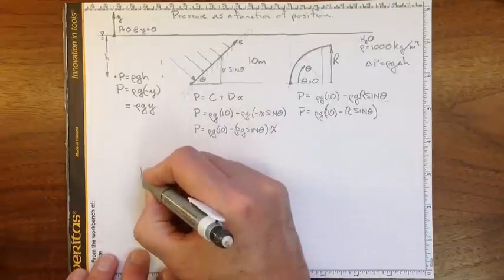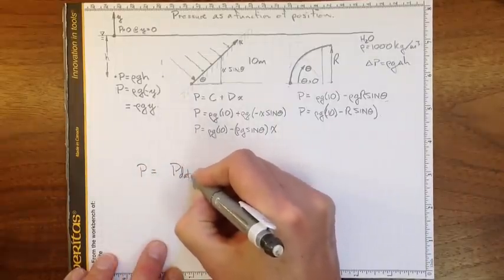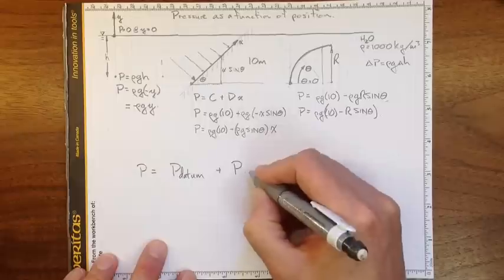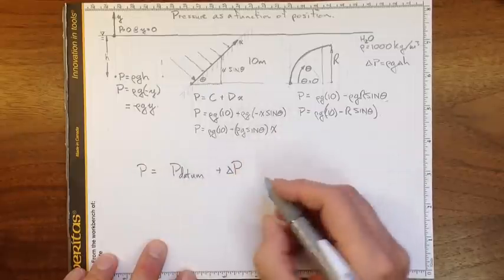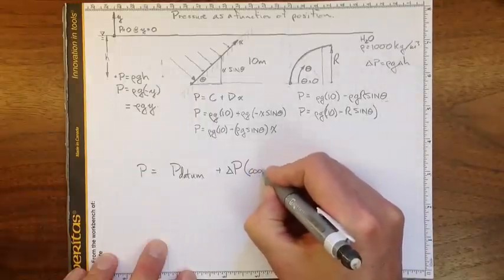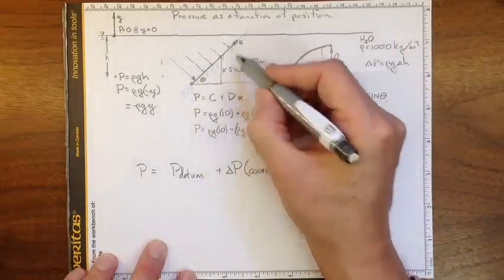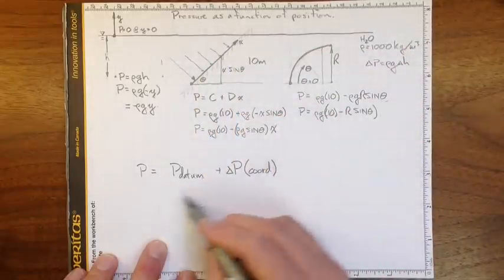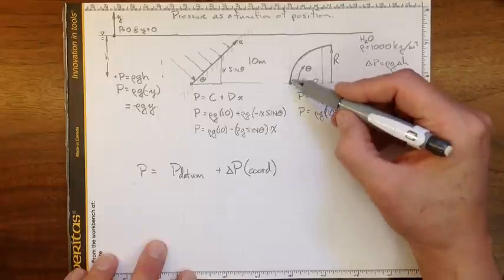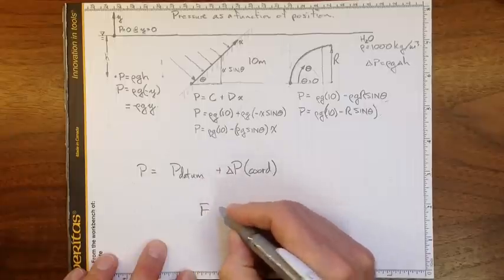So the pressure is always going to be the pressure at the datum plus some delta P from that datum that's going to be a function of the coordinate direction that is best suited to mapping out the surface that you're trying to follow. And that'll allow you to get a relationship for pressure as a function of the coordinates you'd like to integrate over.